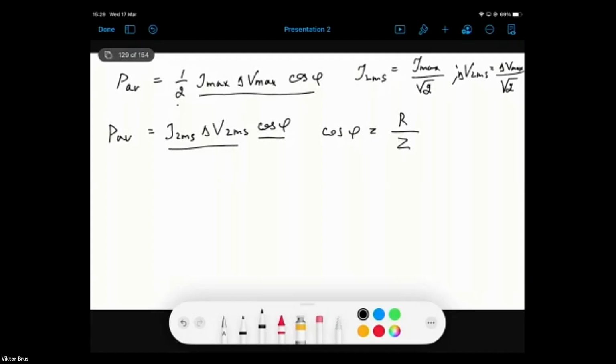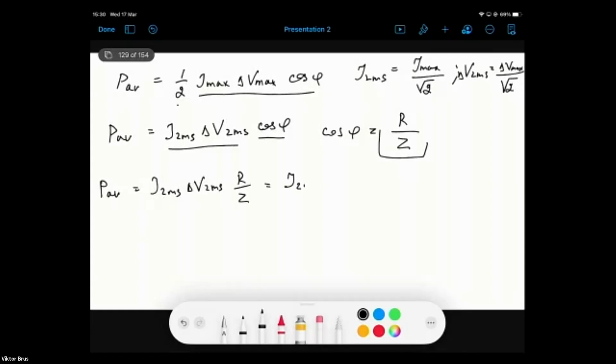So now let us substitute this expression into the expression for average power. IRMS times delta V RMS, and instead of cosine phi, we put R divided by Z. Now we can rearrange it a little bit.